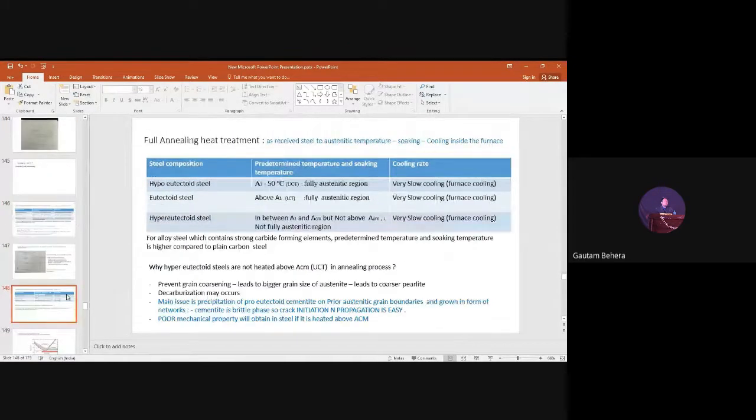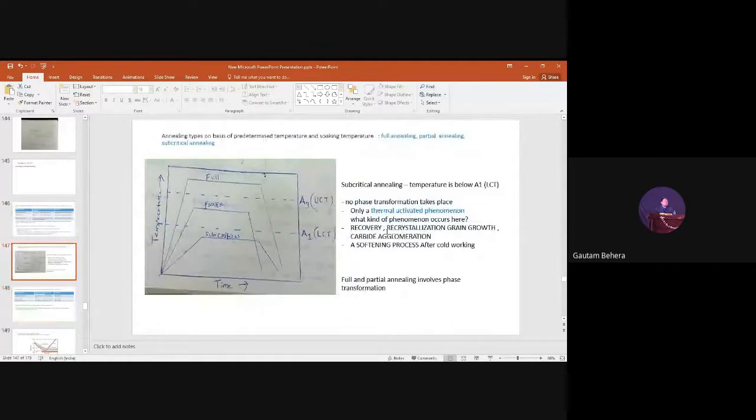Okay, I have written this over here. So finally, you understand the main motive of doing subcritical annealing. If you do recovery, recrystallization, grain growth, and carbide agglomeration, then the steel will become harder or softer?